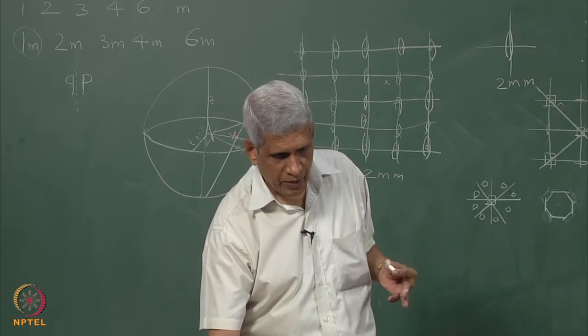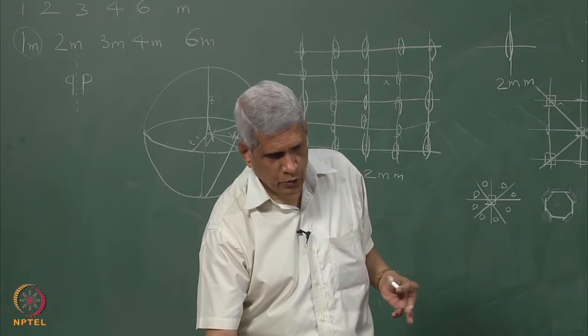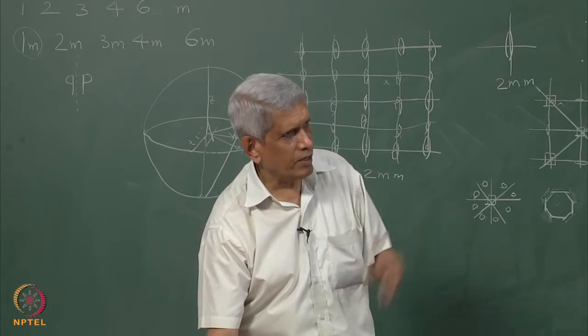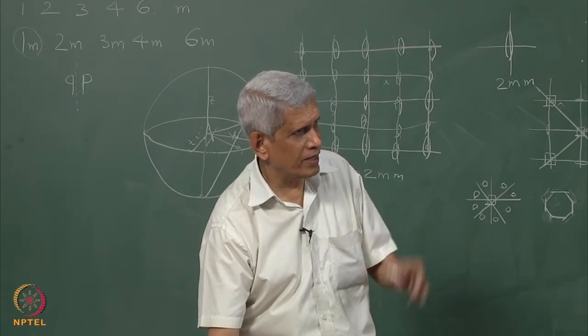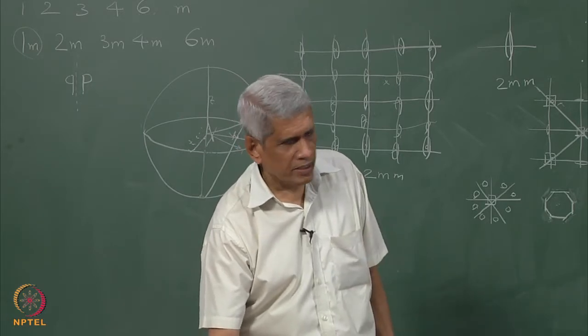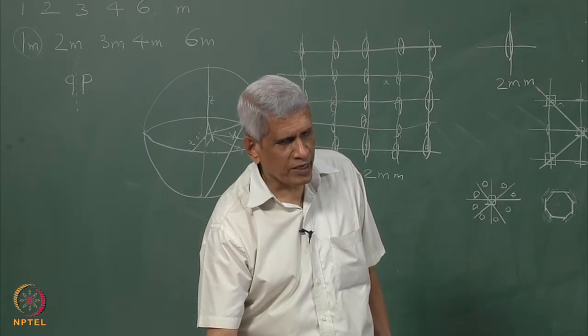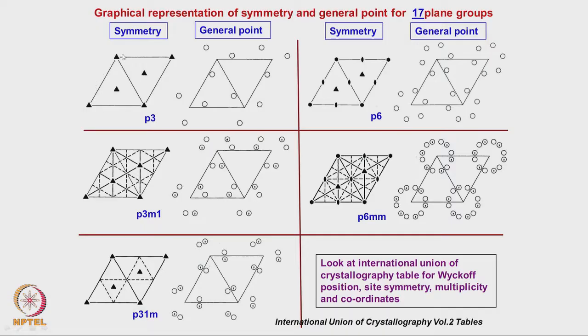Okay. So, essentially you can go through this later through these slides, or the books which I have mentioned where these structures are explained in detail. But generally in those books, this is the graphical representation. One is the symmetry which is represented on the unit cell, another is the position of the asymmetric motif around each lattice point, that is called a general position.